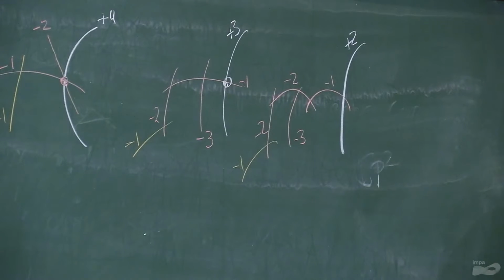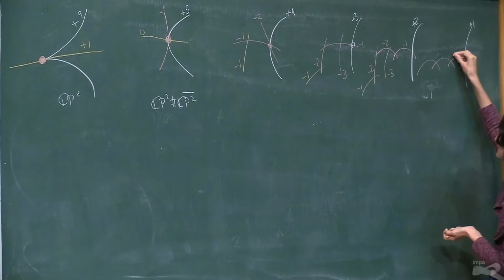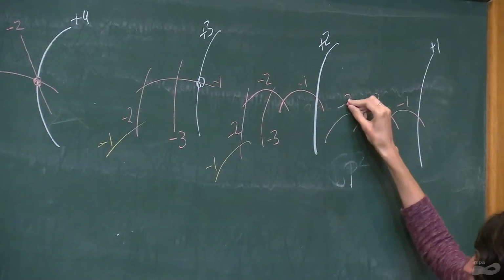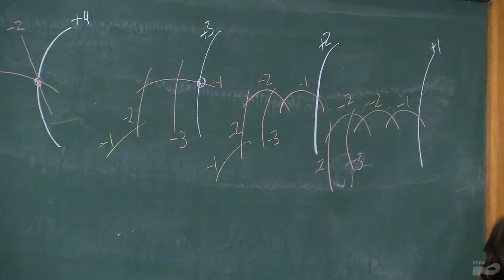And then we'll just do it one more time. Maybe you're starting to see the pattern of what these blow-ups look like. -1, -2, -2, -3, -2. Okay, let me make sure I didn't make any mistakes. I don't have any 4-manifold people in the audience. Should be okay.